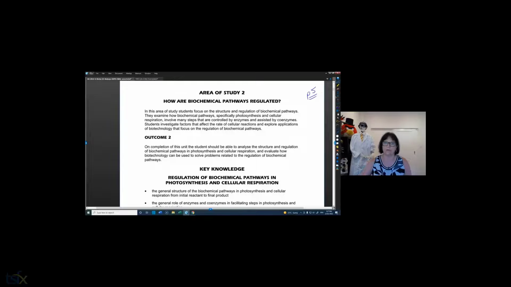So what we've done is we've investigated some of the really important molecules that are inside cells. Where we go with Area of Study 2 is more into looking at the biochemistry. And by the biochemistry, we mean the chemical reactions that happen inside cells for cells to function.